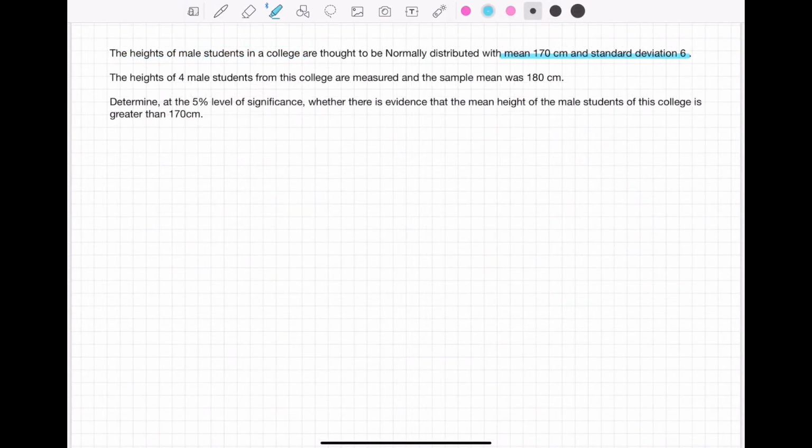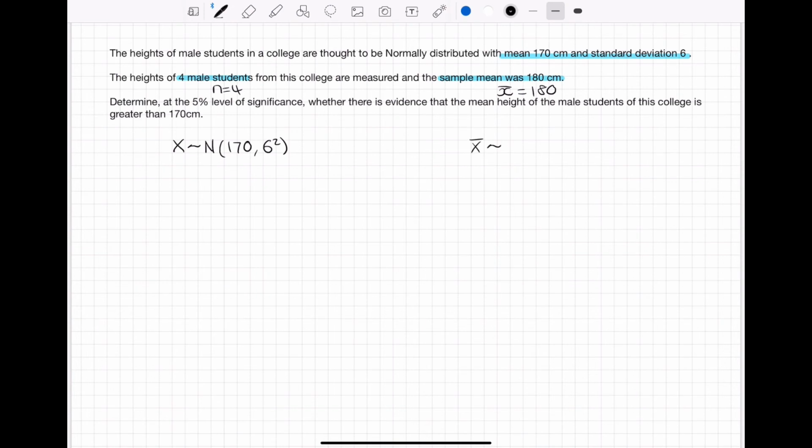Third and final example, I won't bore you with these because I feel like you can do hypothesis tests. We have a mean of 170, a standard deviation of 6. The example they've given us: the heights of 4 male students from this college are measured and the sample mean was 180. So we have n equals 4 and x bar equals 180.